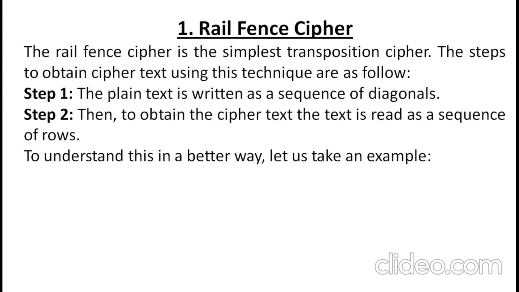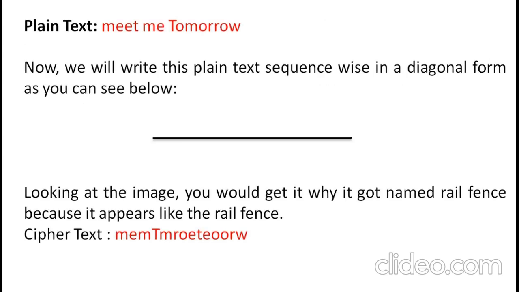To understand this in a better way, let us take an example. In this example we have the plain text, meet me tomorrow. What we will do is write this plain text in a diagonal form, as you can see below.